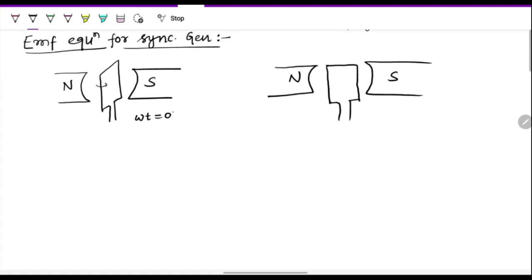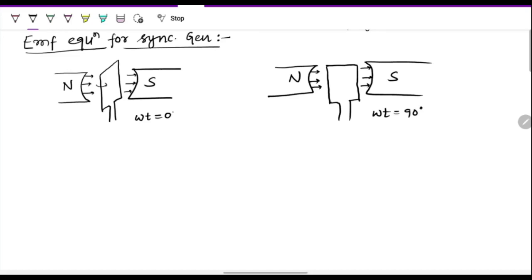Here the plane of the coil is in the same plane of this sheet. So here magnetic fields will be emerging from north pole and terminate at south pole. The same case will be here. This is the case of omega t equal to 90 degree.